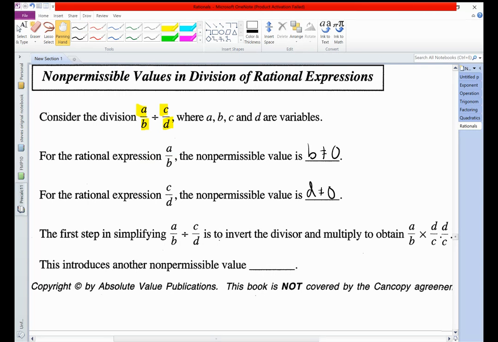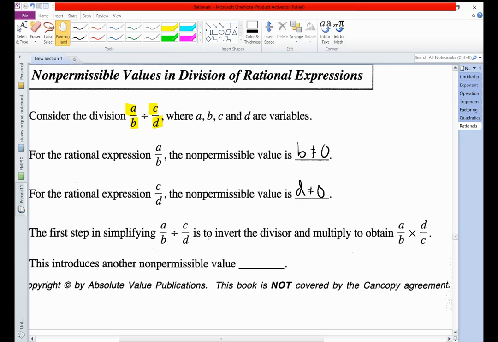But when we do our keep switch flip, we end up switching that c and that d around. So now that c is on the bottom. So when we do that, we actually introduce another non-permissible value of c can't equal 0. So in the expression a over b divided by c over d, our non-permissible values are b, c, and d.